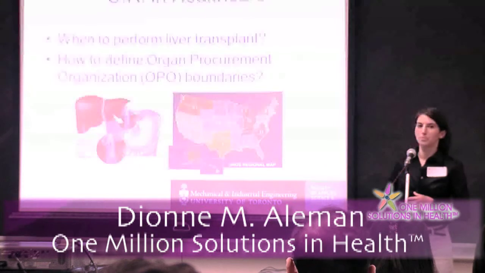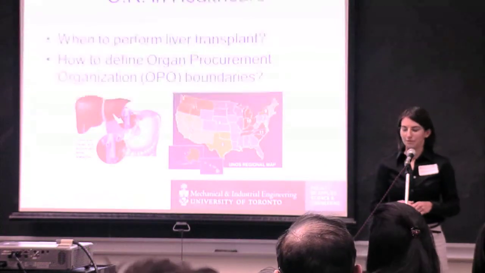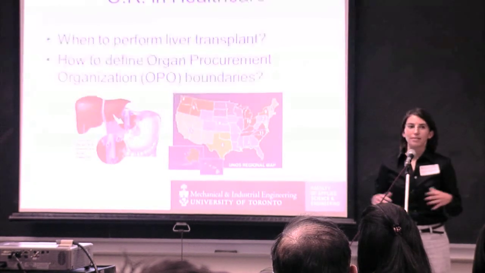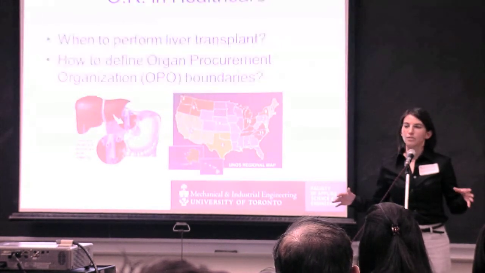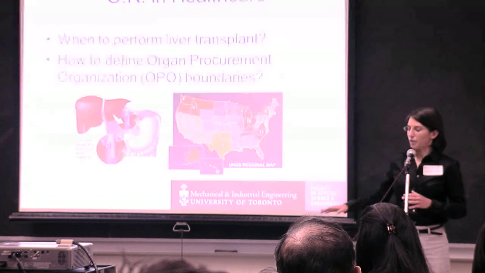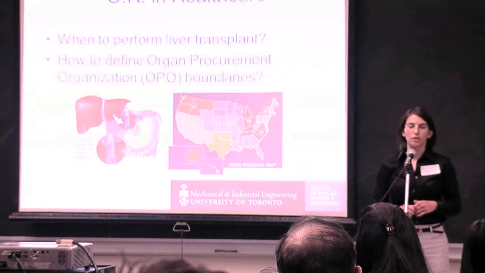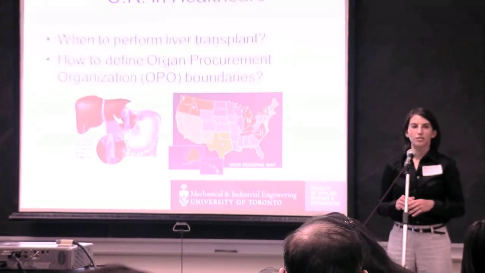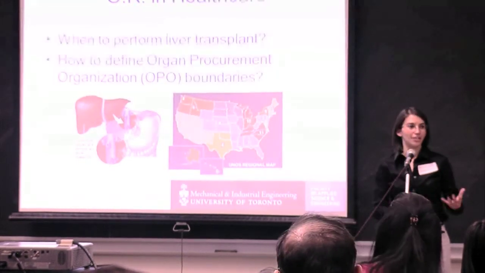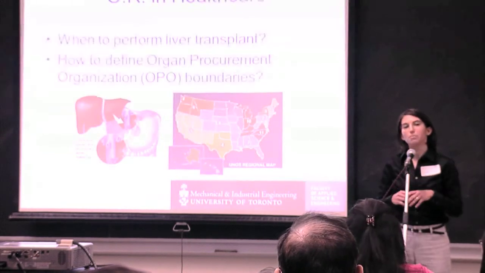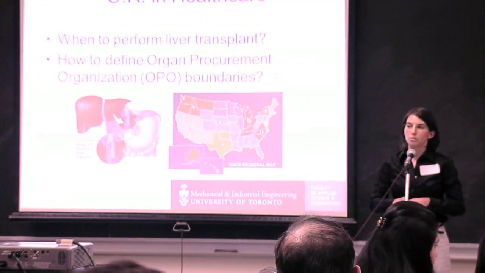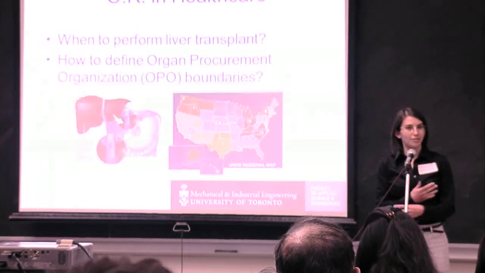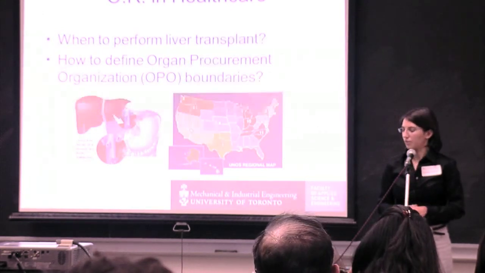The group is based in the U.S. What they found is that the way the liver waitlist system works in the U.S. is that there are different organ procurement organizations, or OPOs, distributed regionally throughout the U.S. If you're in one of these regions and you decide to donate an organ, it goes to the OPO in that region, which then distributes its organs within the region. So there's basically no cross delivery of organs.